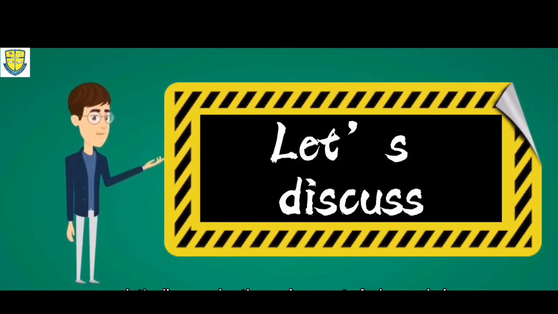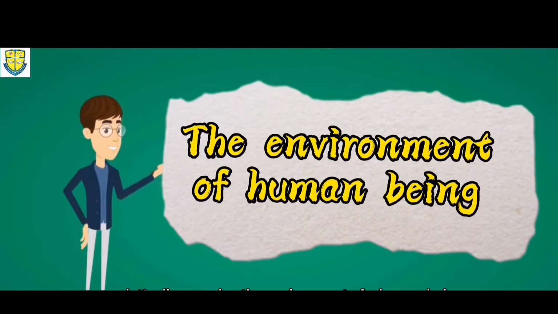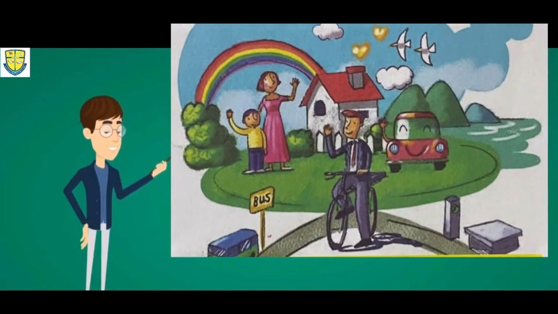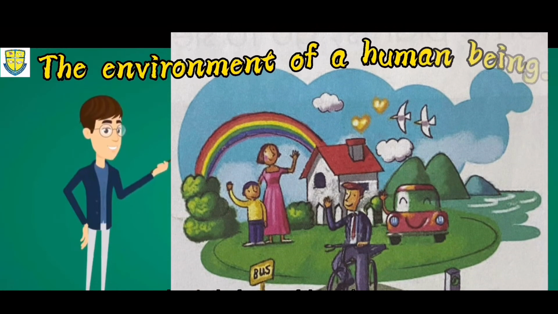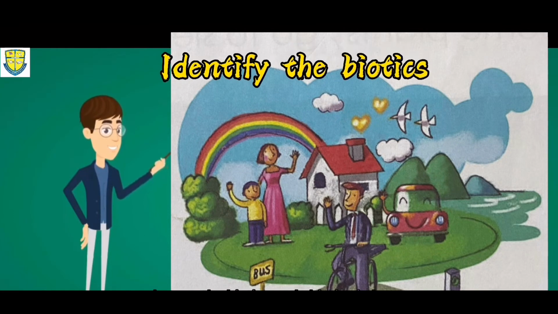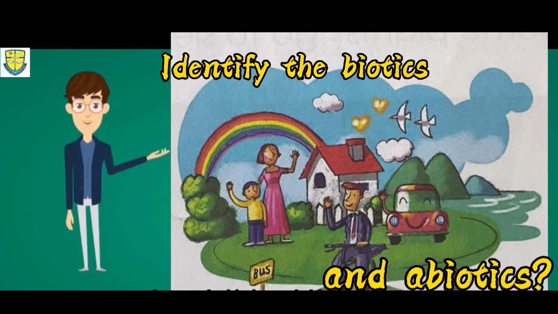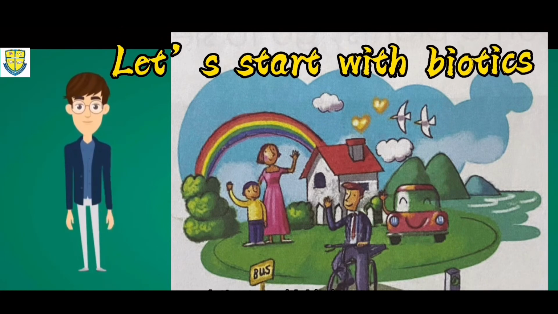Now, let's discuss also the environment of a human being. So here's the picture of the environment of a human being. Let's identify what are the biotics and abiotics in the human environment. Let's start with biotics.